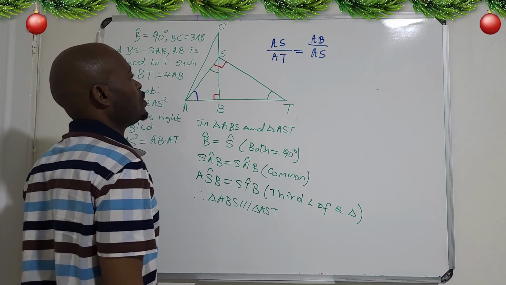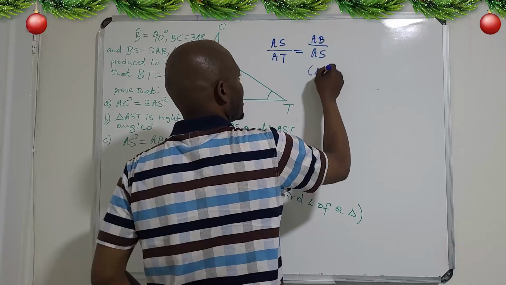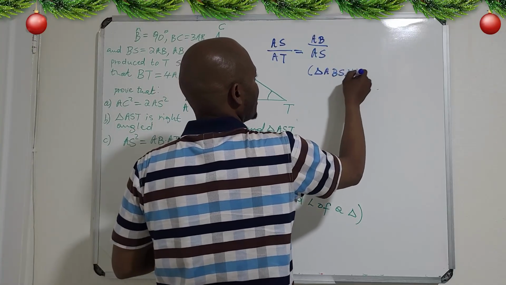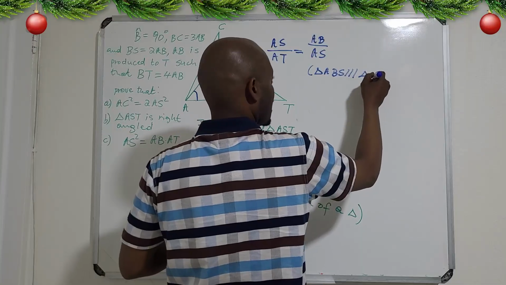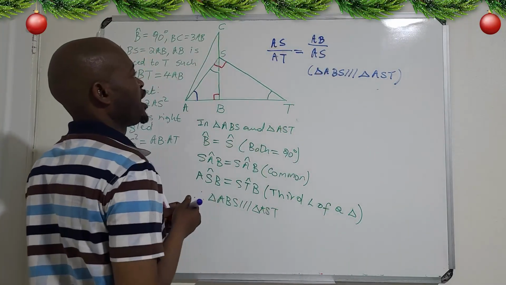Now, why is this? Because triangle ABS is similar to triangle AST. That is why we're saying that.